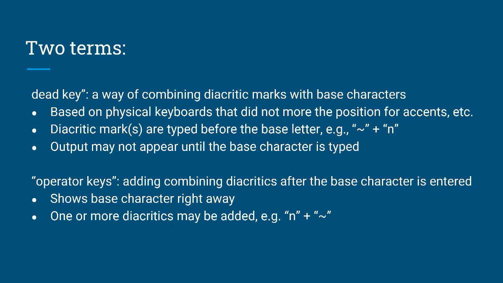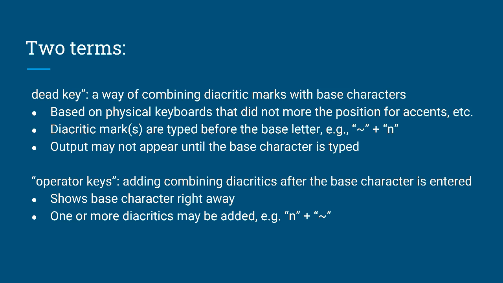There are 2 terms that are important to understand with building keyboards, and they are related to the physicality of actually entering a character. They apply mostly to characters in Western languages or other languages that use base characters plus a diacritic mark. There's a concept called the dead key.